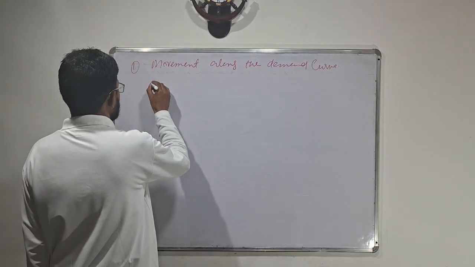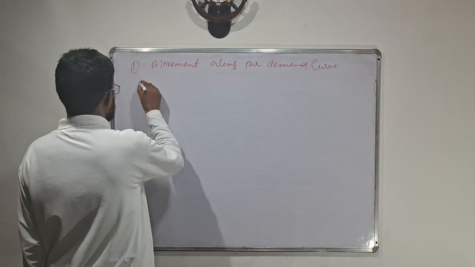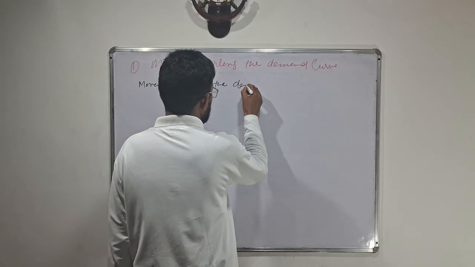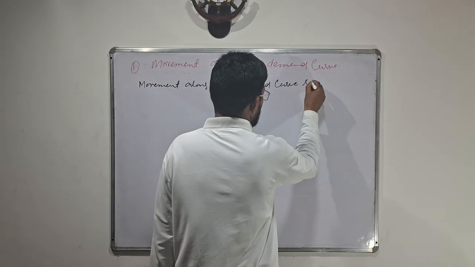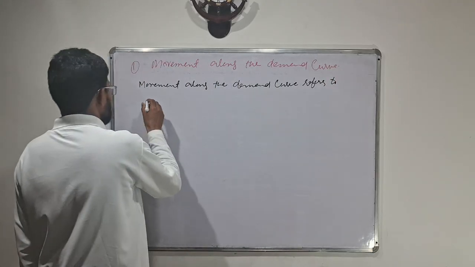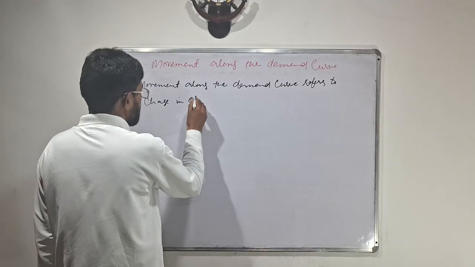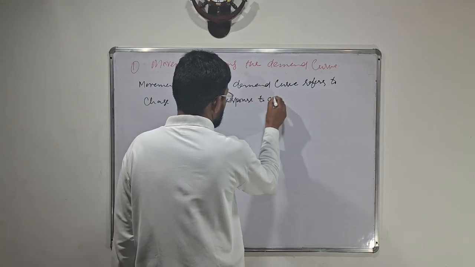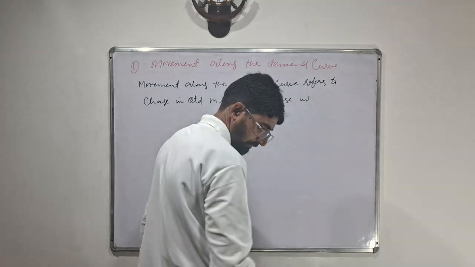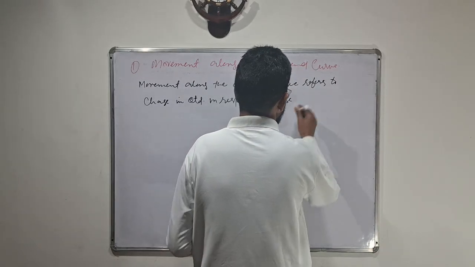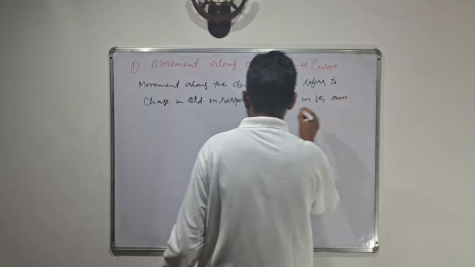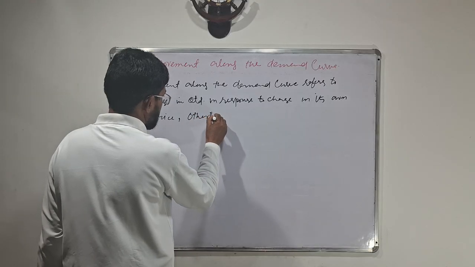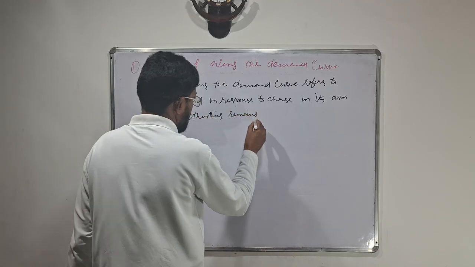Movement along the demand curve refers to change in quantity demanded in response to change in its own price, other things remaining unchanged.